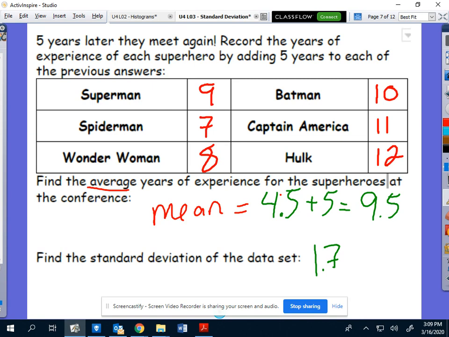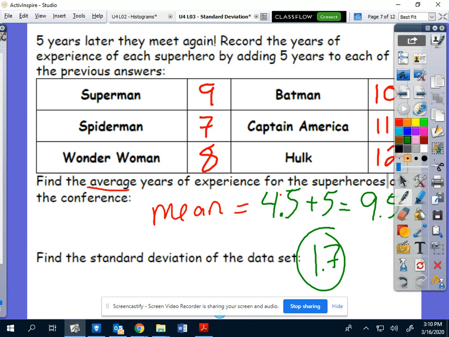But remember, the standard deviation is how spread out your data values are, how far away they are from the mean. Well, just because all of them went up doesn't make them any more spread out. They all went up the same amount, so they're all spread out the same amount. So your standard deviation, in this case, is going to stay the same.